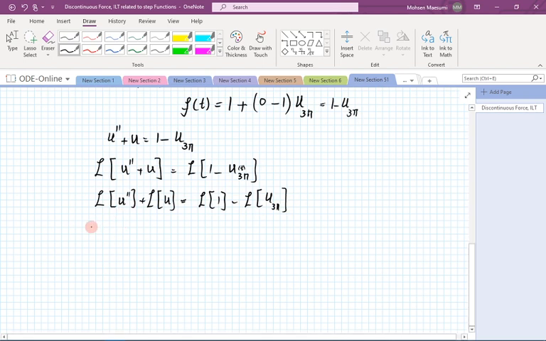So this is going to be s squared Laplace transform of u, let's make it super big, minus s u of 0 minus u prime of 0, and this is Laplace transform of the function again, is equal to Laplace transform of 1, which is 1 over s, minus Laplace transform of u of 3 pi, exponential of minus 3 pi s over what?